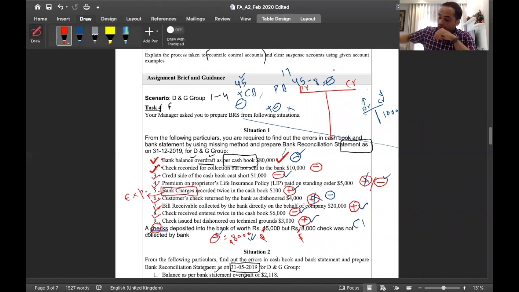Credit. So 80,000. Next, number 2 is 10,000. Debit or credit? Credit, 10,000 credit.